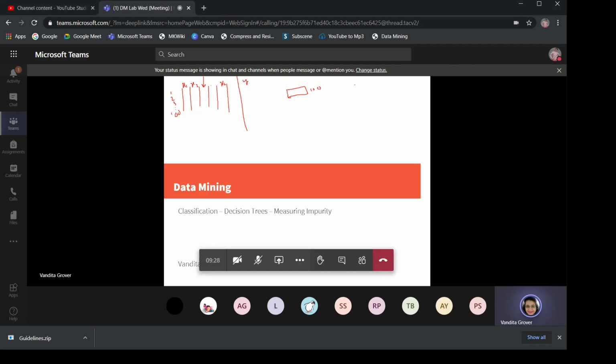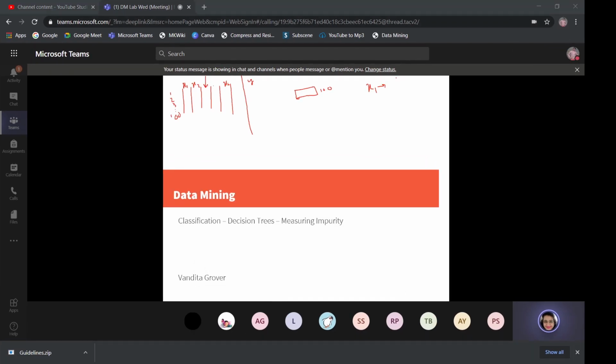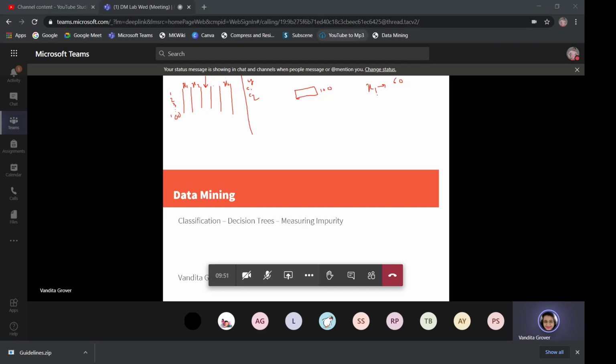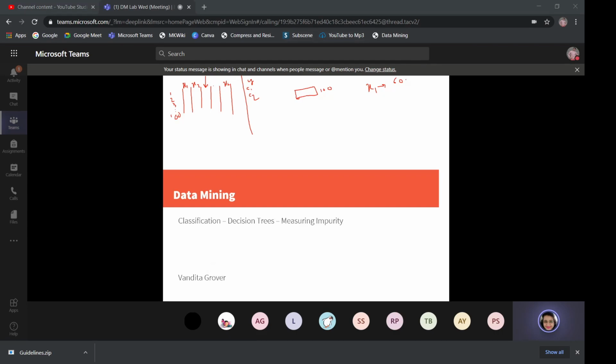So let me say attribute x1 splits the records in, let's say, there are two classes, C1 and C2, and if I judge based on attribute x1, it is 60 in C1 and 40 in class C2.